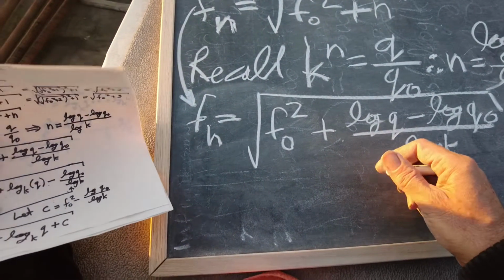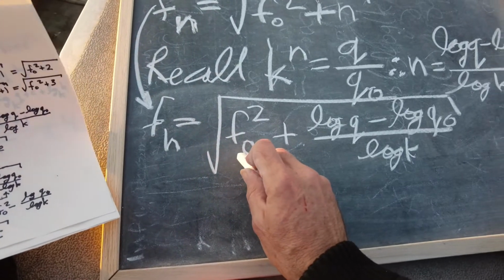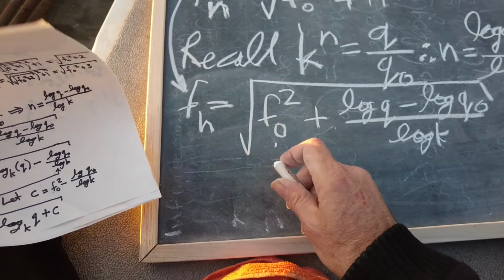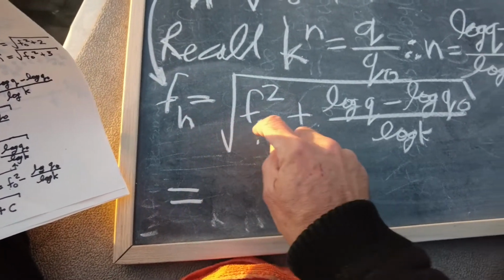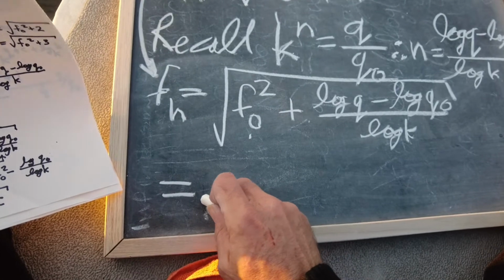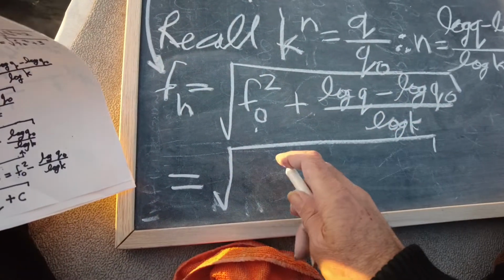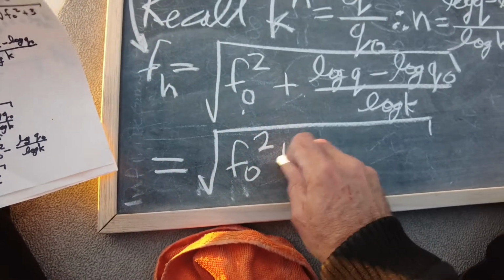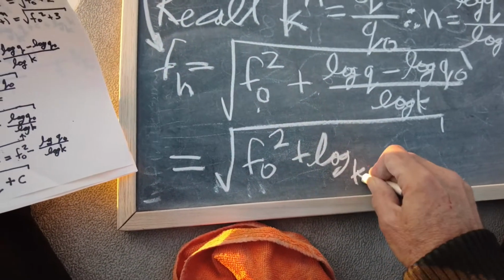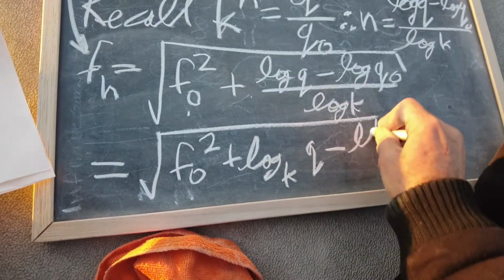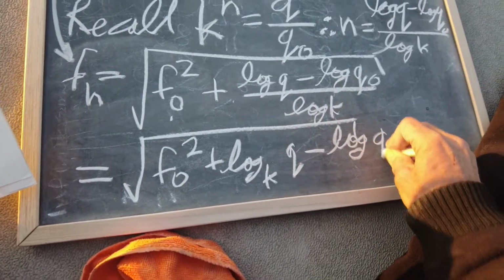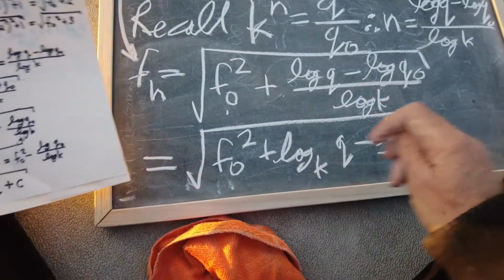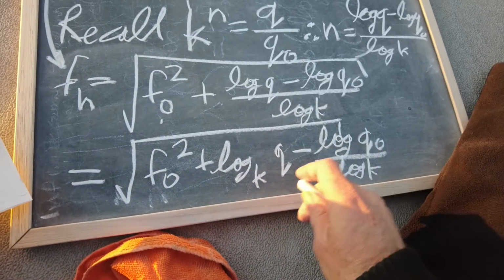And of course, we recognize there's a constant in here. What we have is f0 squared plus log q minus log q0 over log k, and this is just log base k of q0, so this is a constant.